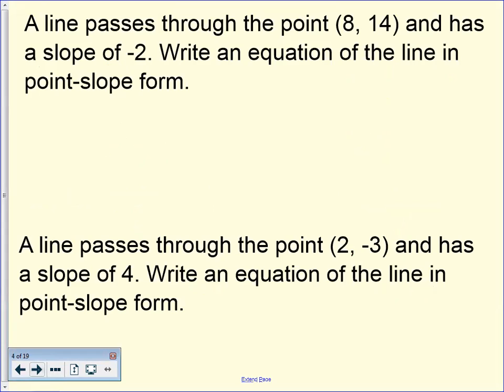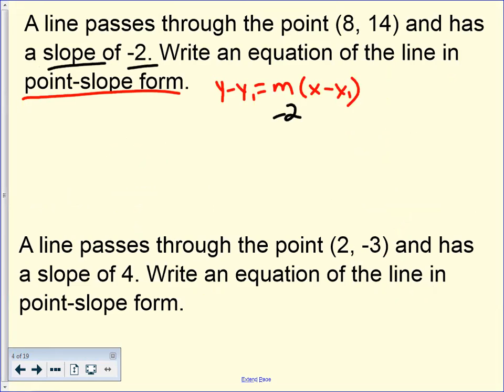All right, now let's get into actually writing some equations. Whenever you write a point slope form, again, we're now into our second form, you got to make sure you pay attention to what form they're asking for. Since they say point slope, I go ahead and write down what that equation looks like. I'm first going to check to see, do I have a slope given? I do, at -2. Do they give me a point? They do, at 8, 14.